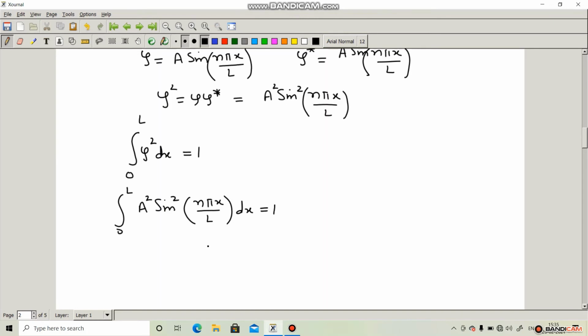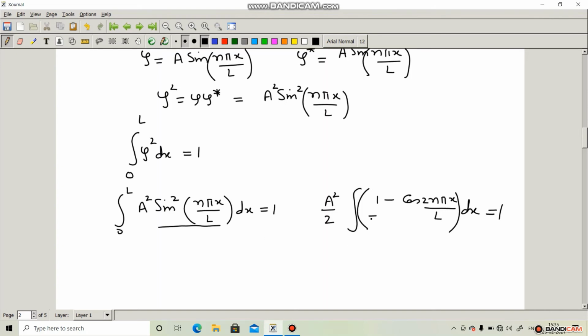dx equal to 1. a square is constant, and sin square n pi x over L we can write as 1 minus cos 2 n pi x over L upon 2, dx equal to 1.